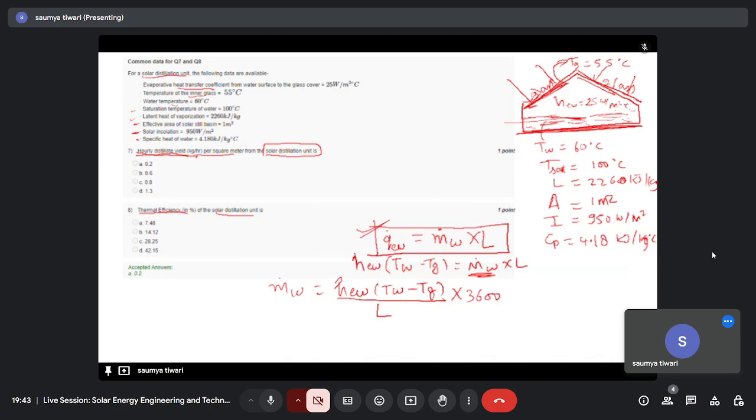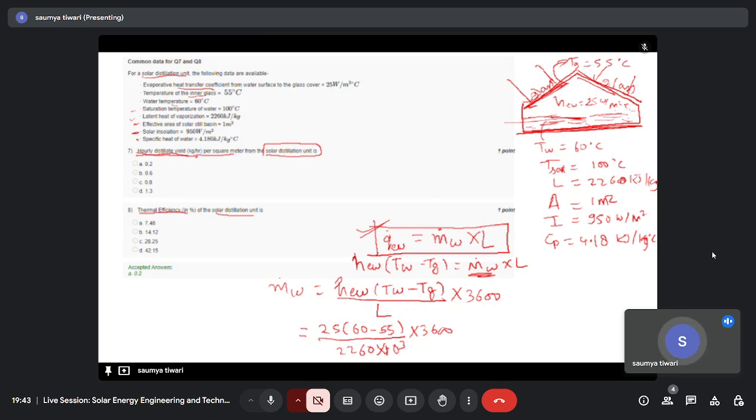Okay, so we know the heat transfer coefficient, that will be 25, right? You know the temperature of water, which is 60, temperature of glass is 55, upon latent heat of fusion, this is 2260, right, into 3600. Okay, so this is in kilojoule, 2260 kilojoule, so let's write in joule.